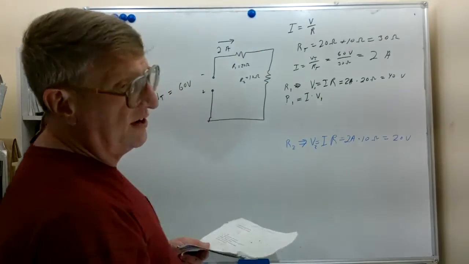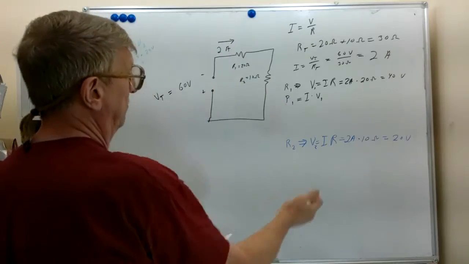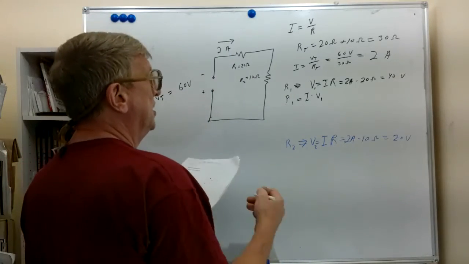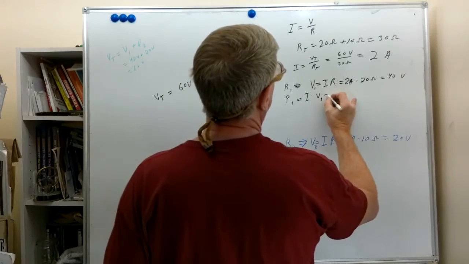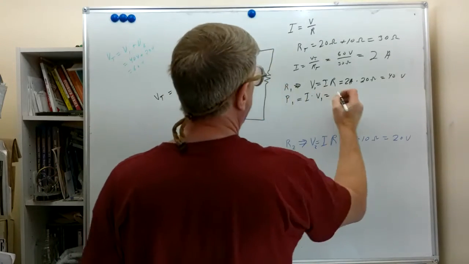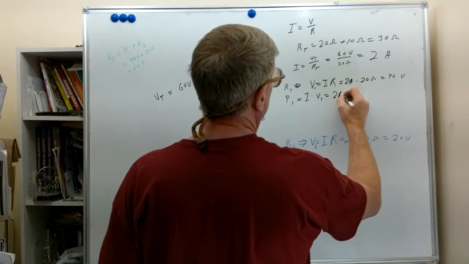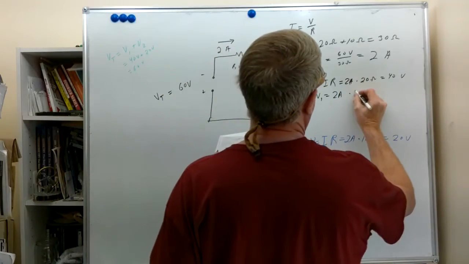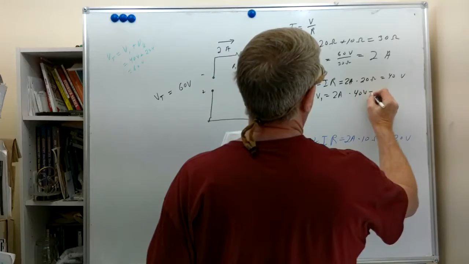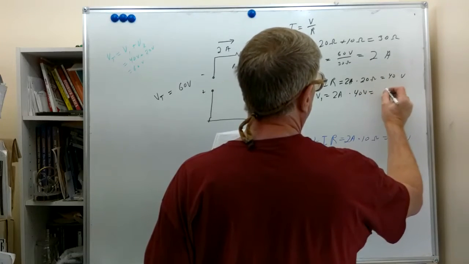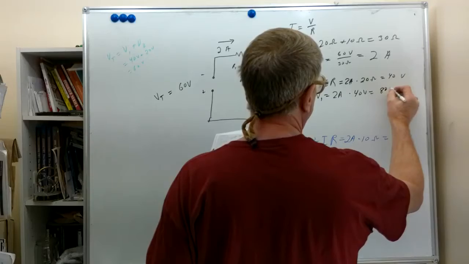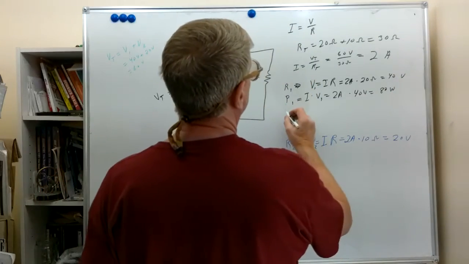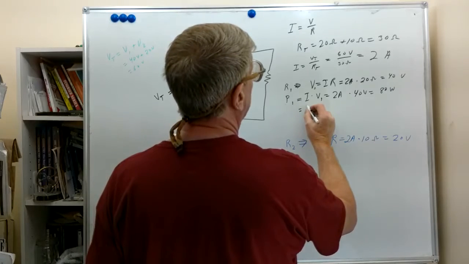We've got a single current, so I don't need to set it off from any other currents. We had 2 amps for current times our V1, which was 40 volts. That equals 80 watts.